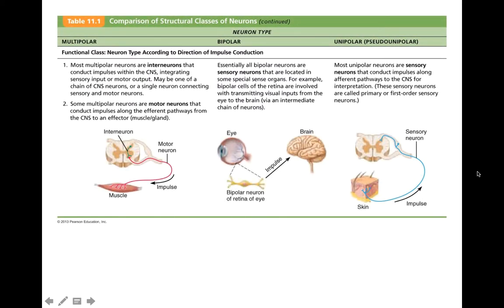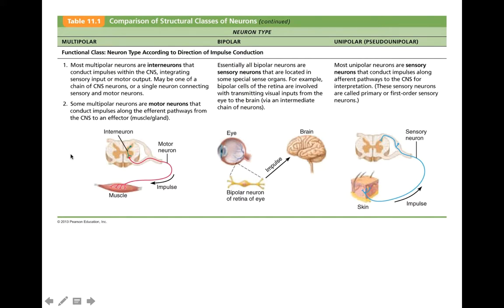Now, if we talk about where we find them and the overall proportion, multipolar neurons are the most abundant. The two major classes of neurons that we're going to find in this are going to be interneurons, so the neurons that are found fully and completely within the central nervous system.